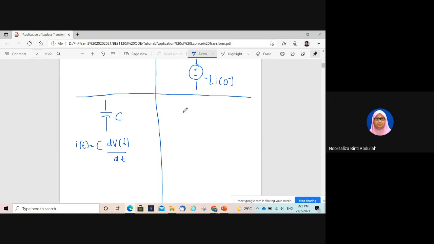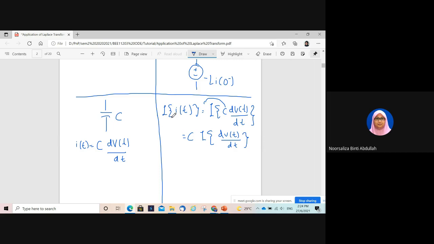Alright. So now the signal is in time domain. We want to change it to frequency domain, so we have to Laplace this one. So you Laplace this side also. As usual, C you bring to the outside, and then Laplace dv(t) over dt.